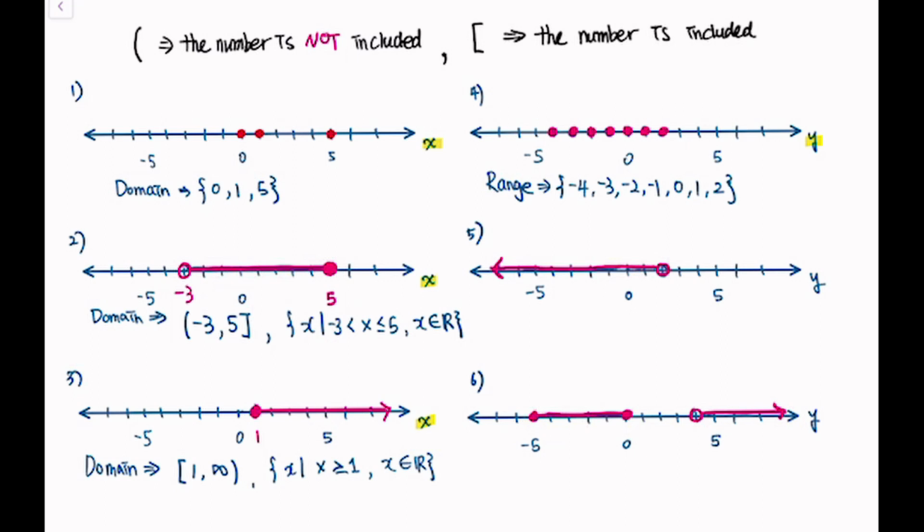Also, we can write the range in set notation using the curly parentheses, y bar, y is bigger or equal to -4, but smaller or equal to 2.